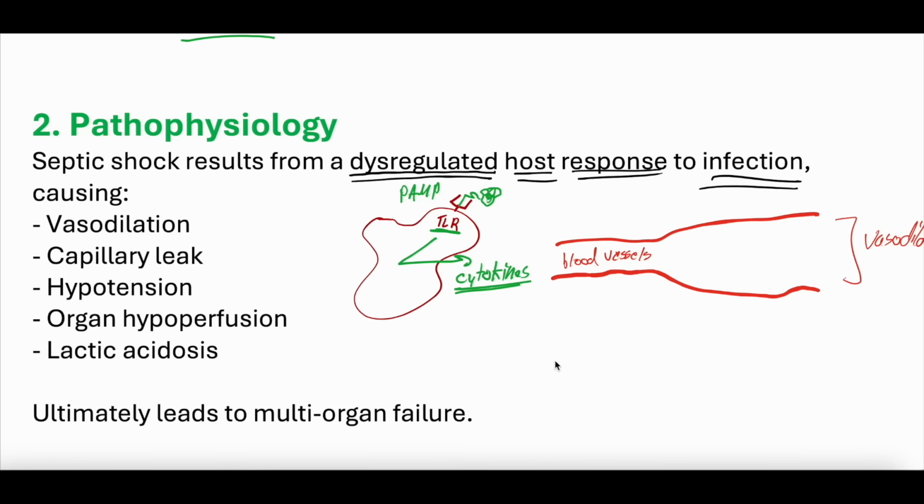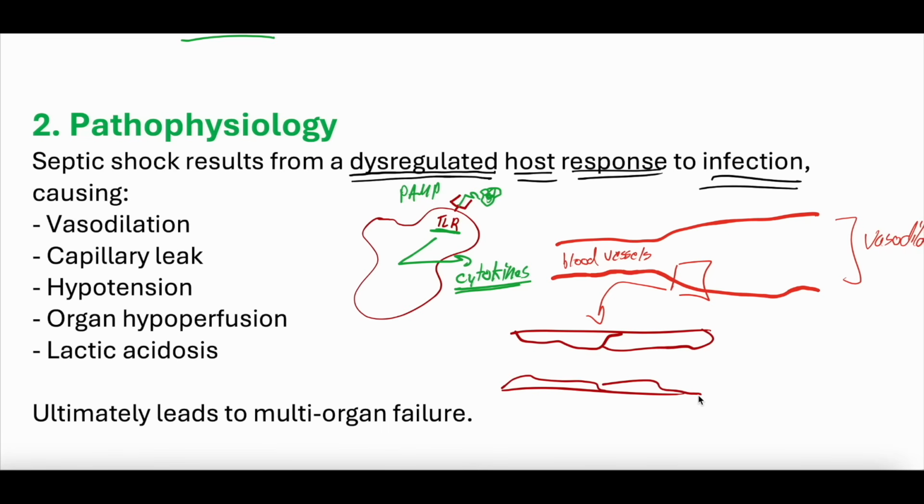But that's only one piece of the puzzle, because the other thing that these cytokines do, if we were to zoom in on one of the walls of the blood vessel, is coated in endothelial cells. These are the cells that make up the blood vessel wall lining. They have nuclei, just like most cells. But what can happen is these cytokines, when they attract the inflammatory response, as well as some of the receptors on the endothelial cells, cause some capillary leakage.